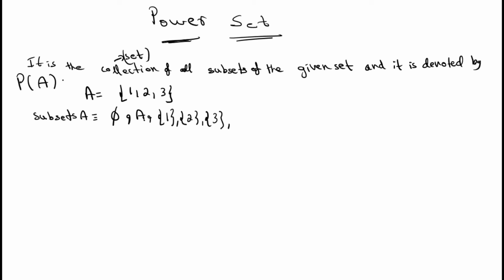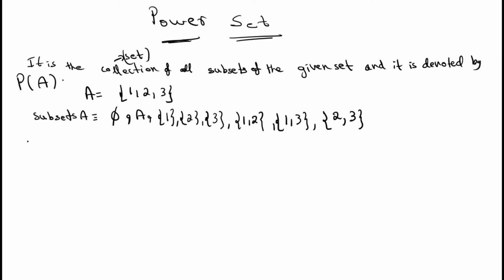After that, {1, 2}, which is the same as {2, 1}, then {1, 3}, which is the same as {3, 1}, and the next one is {2, 3}. These are the possible subsets: 1, 2, 3, 4, 5, 6, 7, 8.